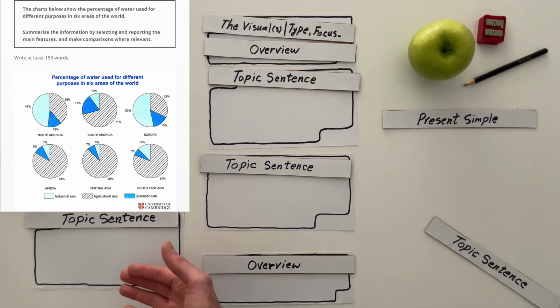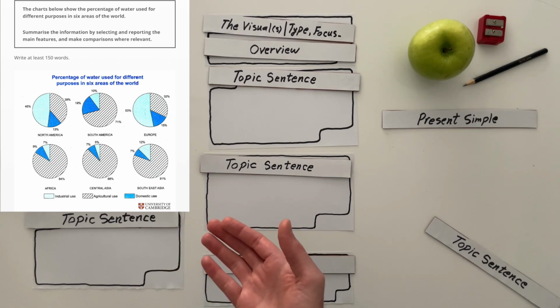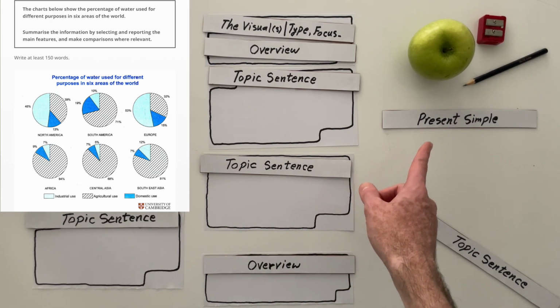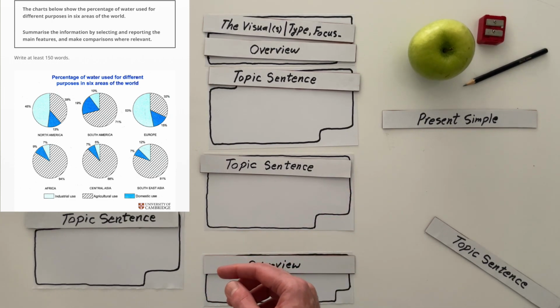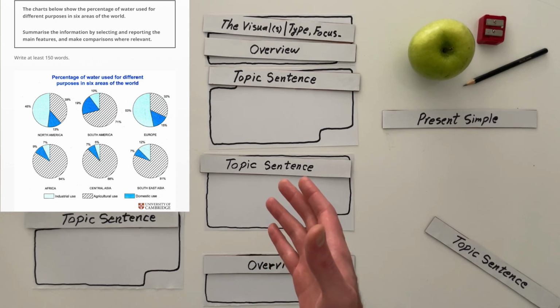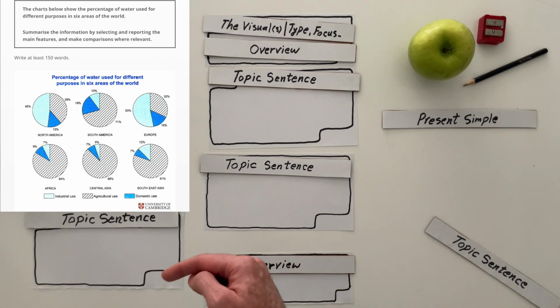First, you can talk about the agriculture, which is pretty much the same, but in the other 2 elements, they are different. For Southeast Asia, industrial use is, thank you for the reminder, in the second place, whereas for Central Asia, domestic use is in the second place. And you write everything over here.